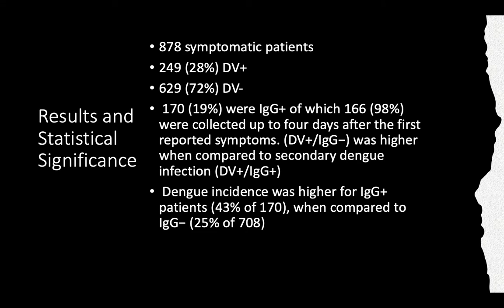Dengue virus positive, immunoglobulin G negative cases were higher when compared to secondary dengue infection, or dengue virus positive, immunoglobulin G positive. Dengue incidence was higher for immunoglobulin G positive patients, accounting for 43% of the 170 total, when compared to immunoglobulin G negative, or 25% of the 708 total.